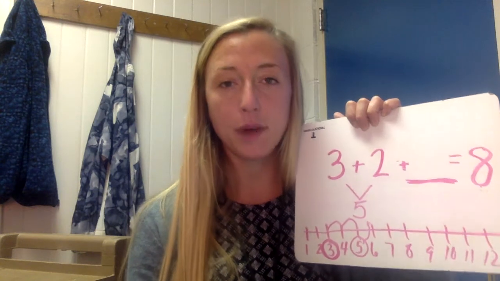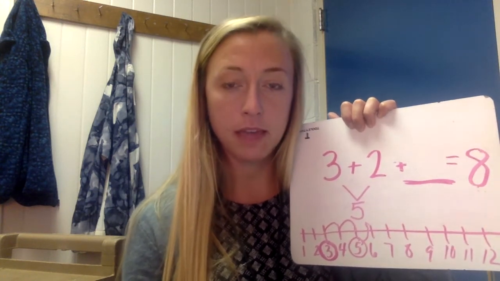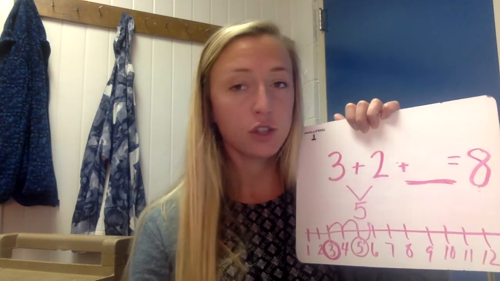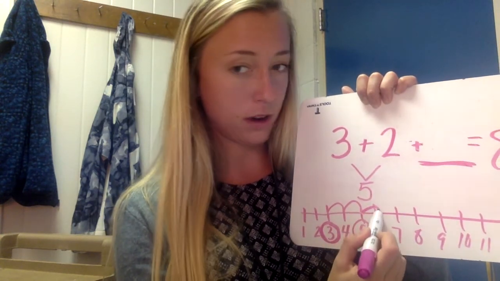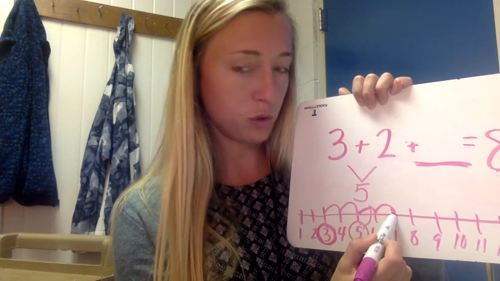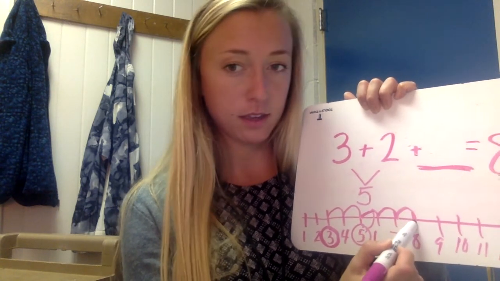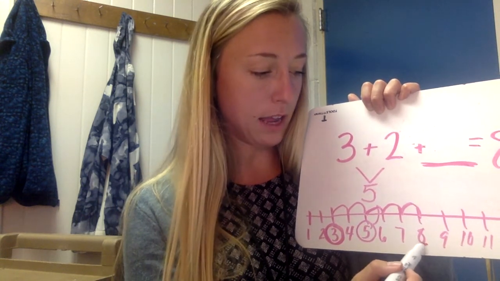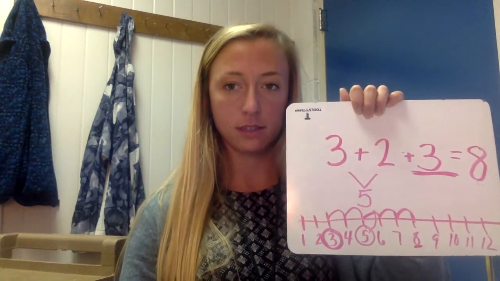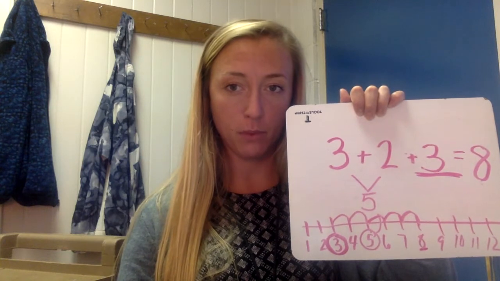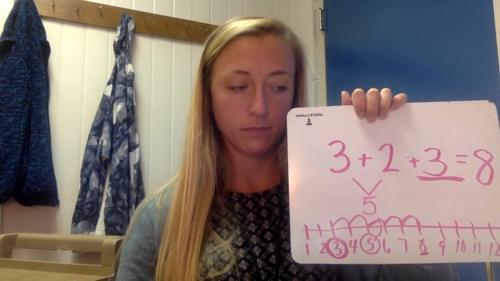We have to find out how many jumps we make to get to 8. So count with me as I jump. We go 1, 2, 3. And now we're at 8. So I know that she got 3 points. So that's what you would put in there.